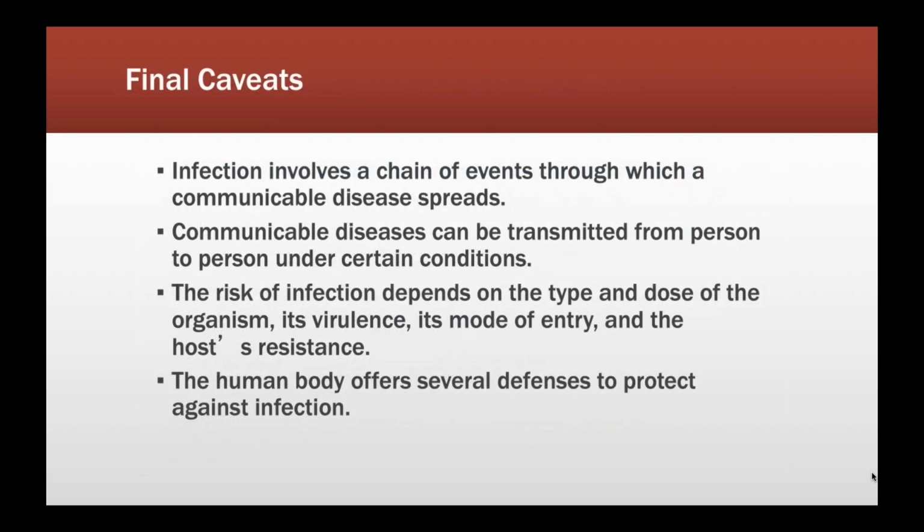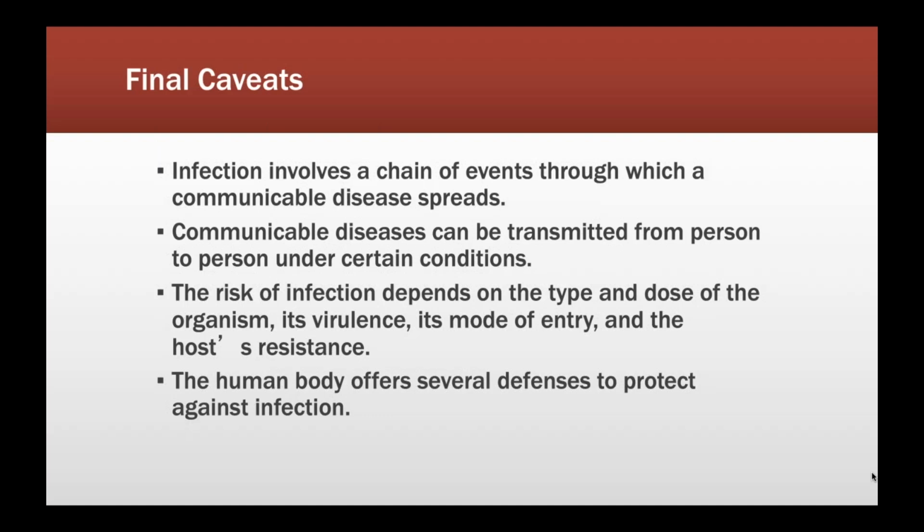As we wrap up the program, there are a couple of key areas that I'd like to think about as we end our time together. The first is that an infection being transmitted takes a host of different things happening, right? It's not just one specific event. It's not just missing hand washing. It really takes a domino effect that leads to communicable disease transmission. Many of these things that we've talked about can be transmitted person to person, but a lot of that is dependent upon us as well as the patient and our immune systems.